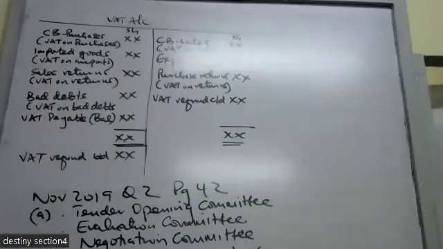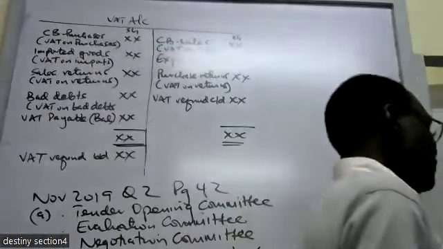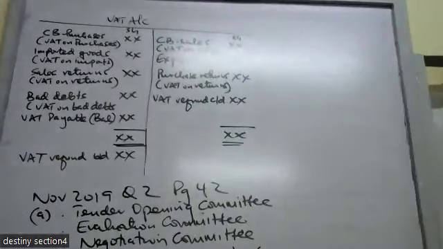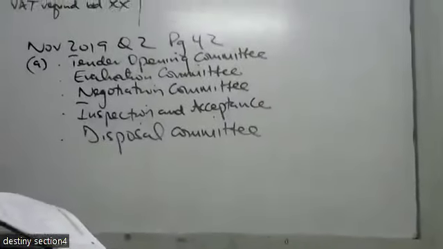Those are the committees. The next says, discuss 5 roles of the National Treasury in relation to procurement and asset disposal as outlined in the Public Procurement and Asset Disposal Act. So the role of the National Treasury is that of policy. Since you have them in the notes, you can get them from there.